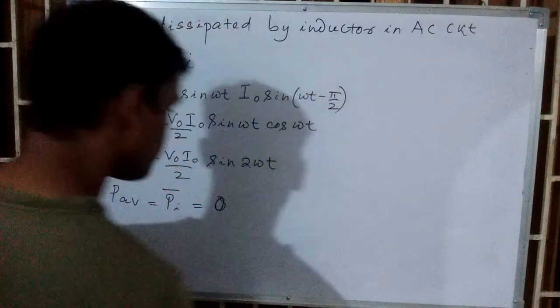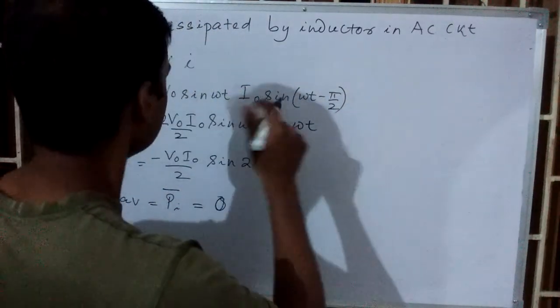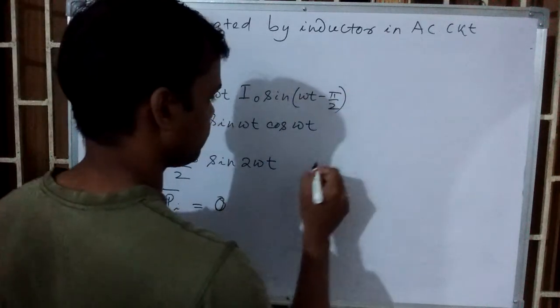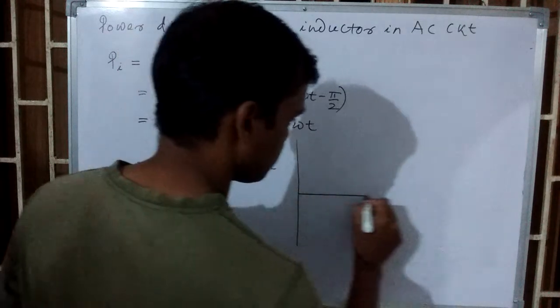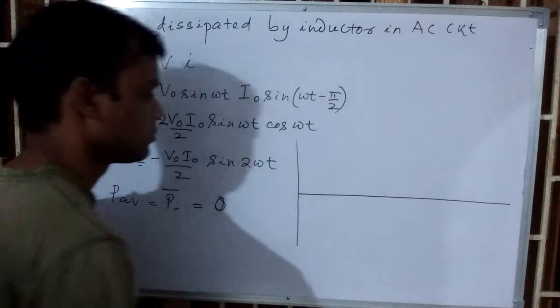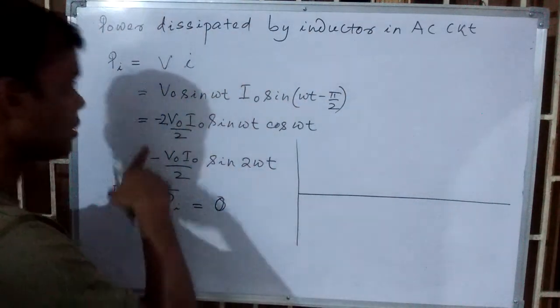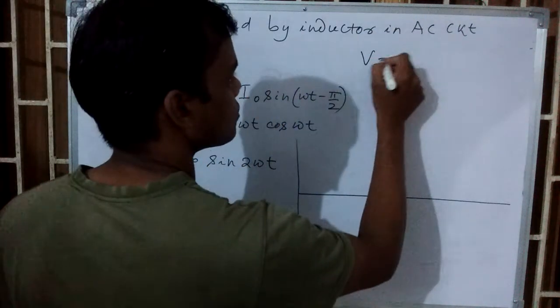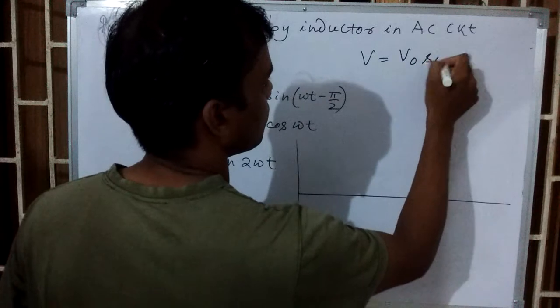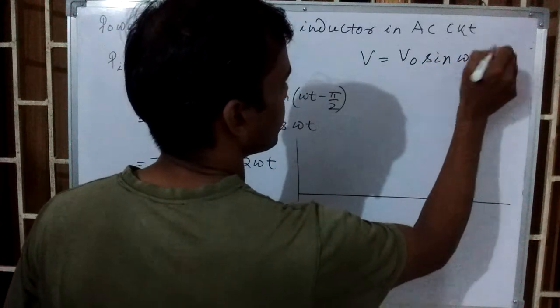What was the waveform structure? First I will go for the waveform of voltage. Our voltage was V naught sin omega t.